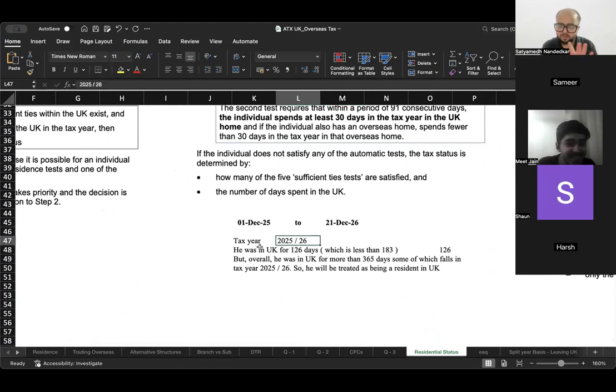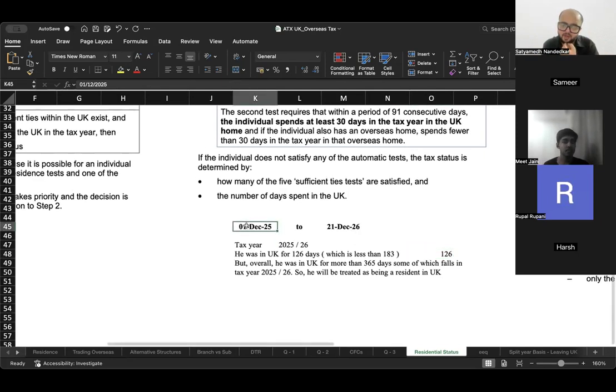You want to see whether Meet was resident in the UK for the tax year 25-26. अब 25-26 tax year में he was there in the UK from 1st of December to 5th of April 26, which basically is 126 days. So अगर आप 183 days वाला condition पकड़ोगे तो he will not be considered a resident. But आप overall check करो, overall for how many days was he in the UK? 1st of December to 21st of December 26. ठीक है। अब this is a period of more than 365 days.